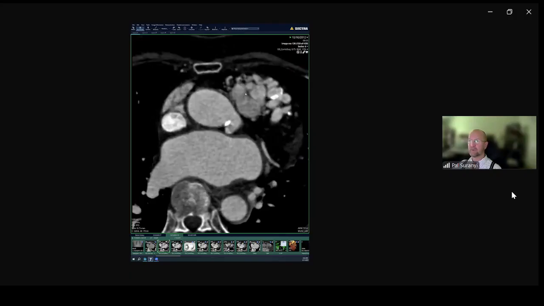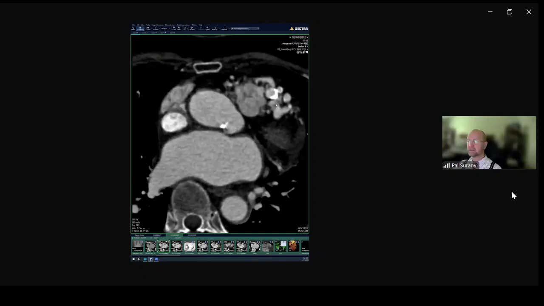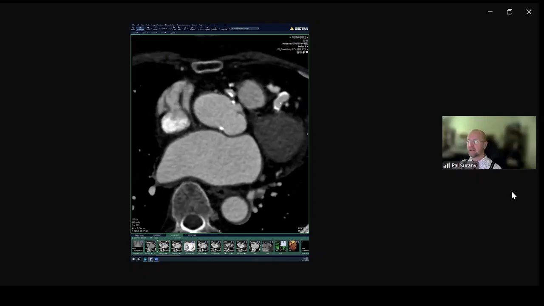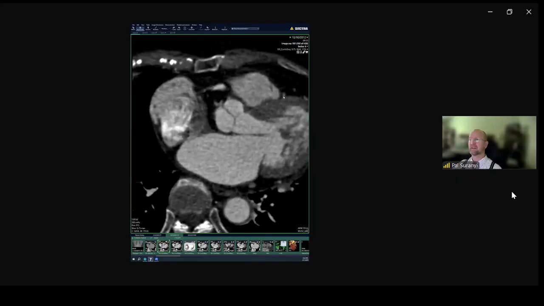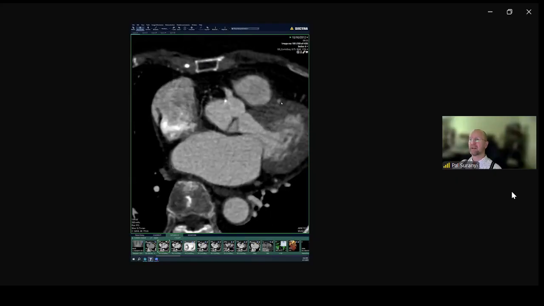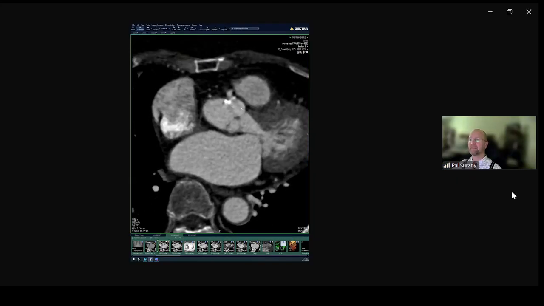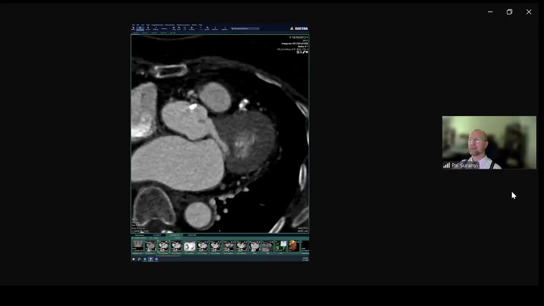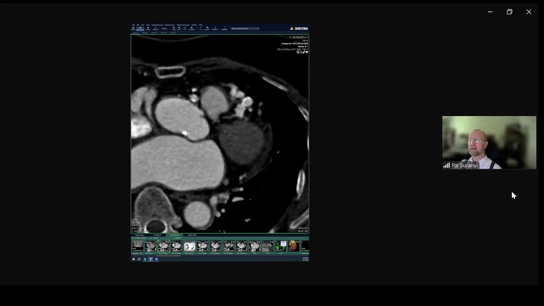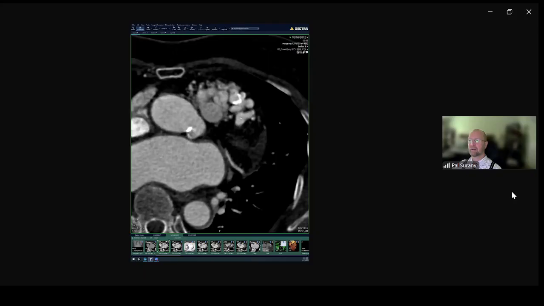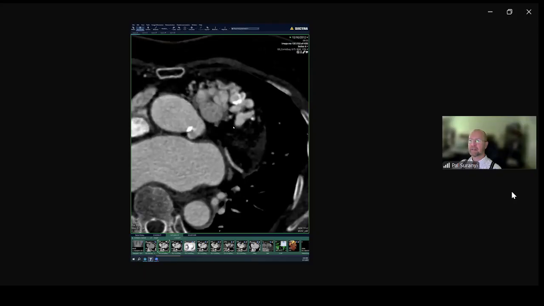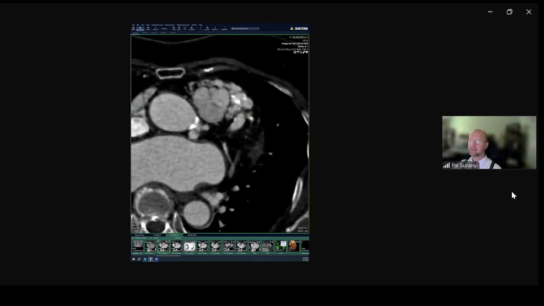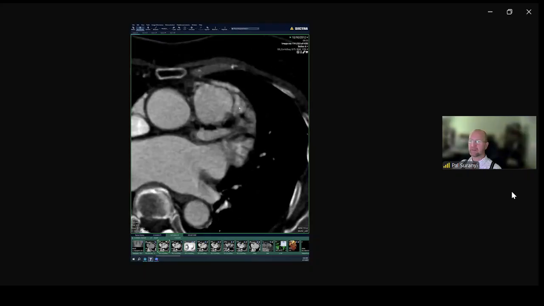This is our pulmonic valve. And it seems that all of those vessels connect to the proximal aspect of this LAD right here, and that the proximal LAD is aneurysmal because it's up to 8 millimeters.